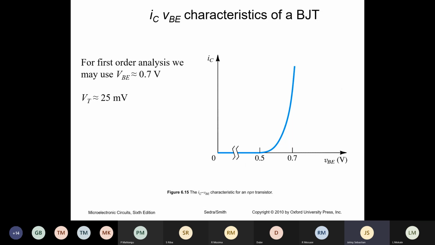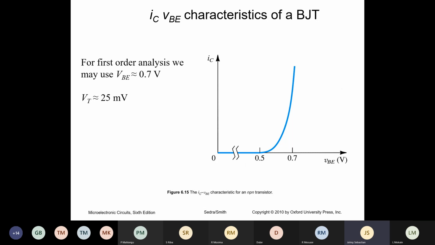Collector current versus VBE, IC versus VBE characteristics of a BJT. We did an identical one with a diode in forward bias.